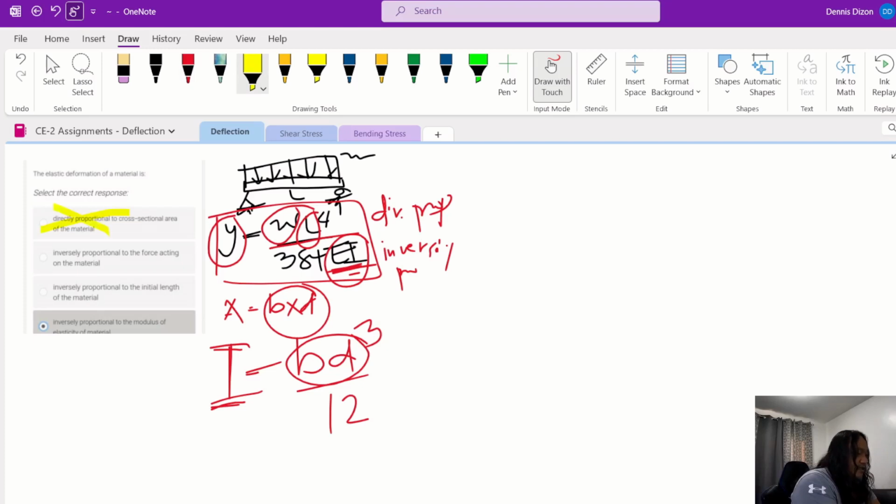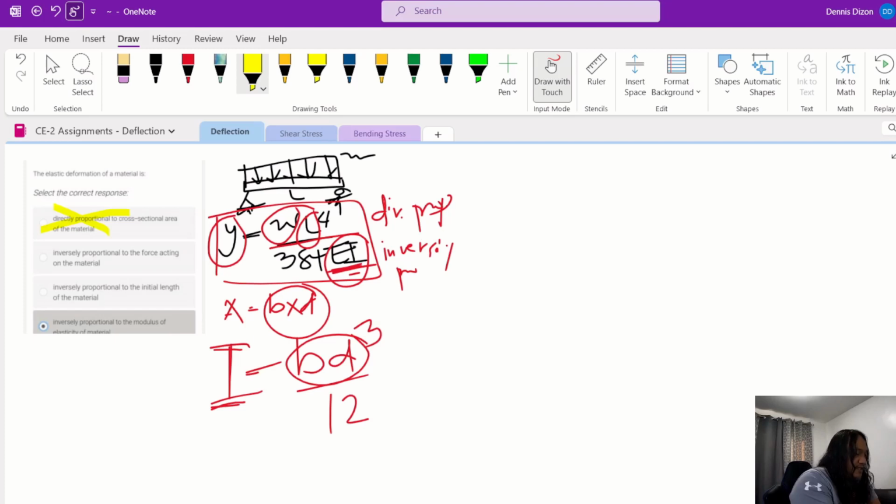not the correct answer. Now, letter B, it says here, the elastic deformation of a material is inversely proportional to the force acting on the material. Now, we already mentioned earlier that the values that are directly proportional to your deflection are the load and the length of your member or your span.